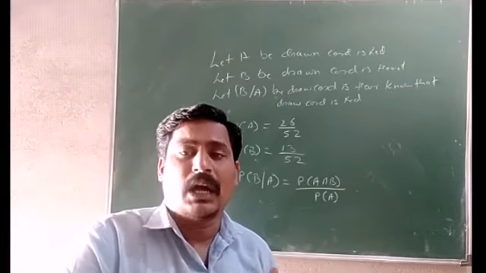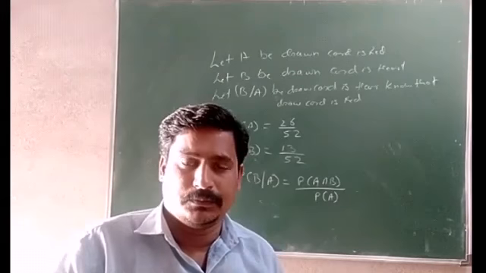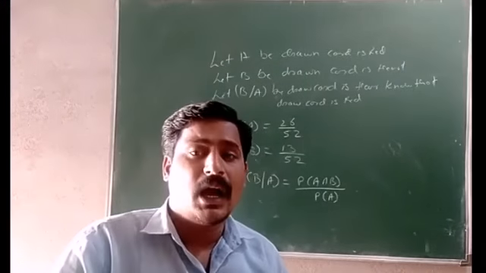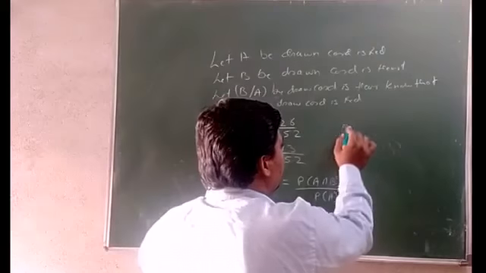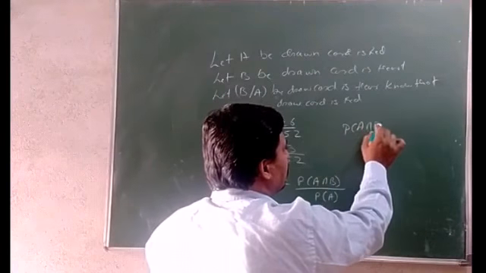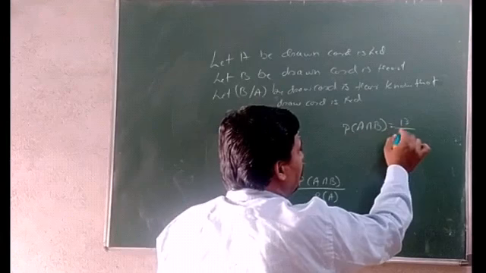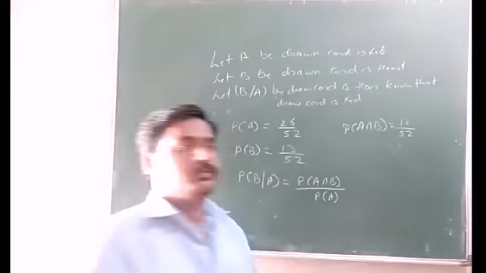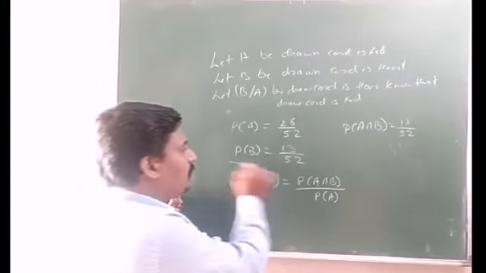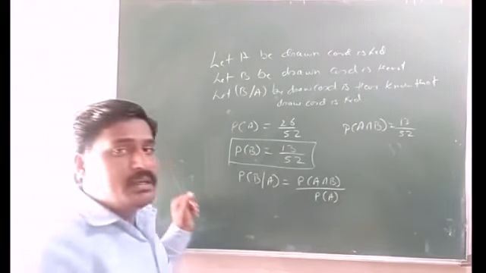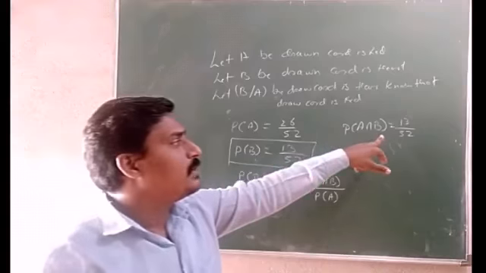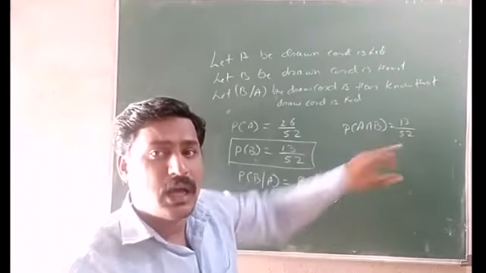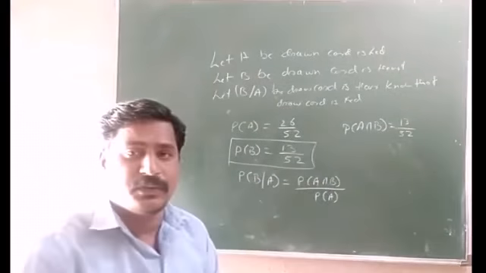It is both heart and red. That is, probability of A intersection B is equal to 13 divided by 52. And here probability of getting red card and heart card both is 13 divided by 52.